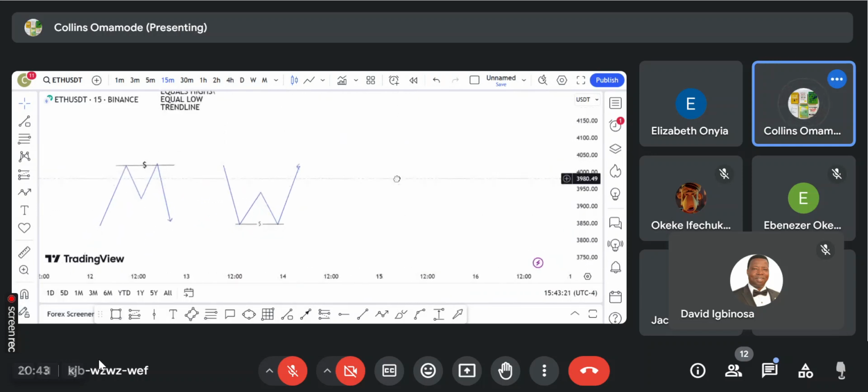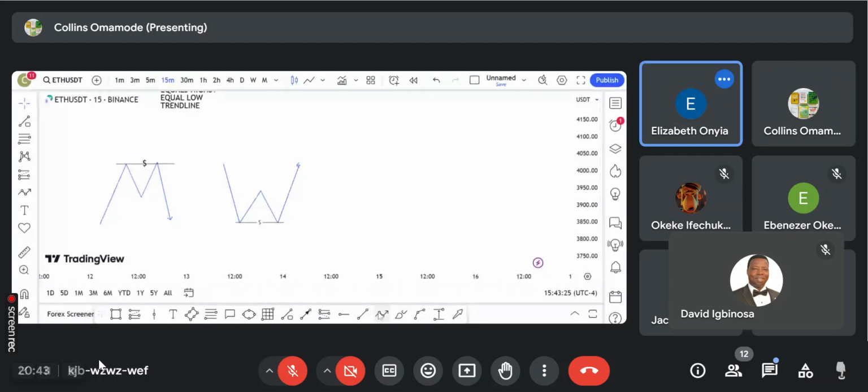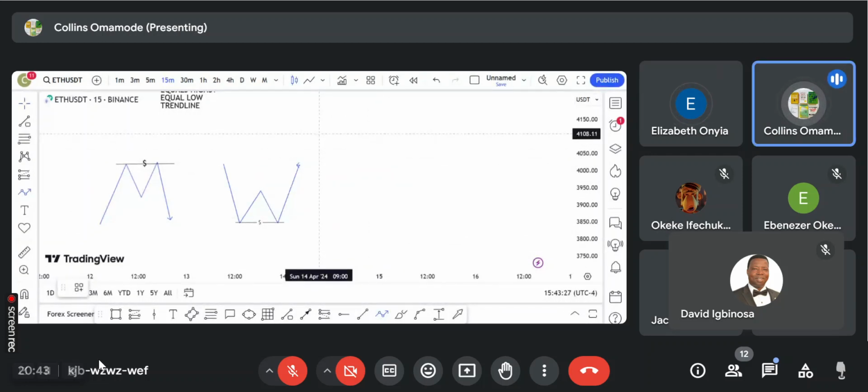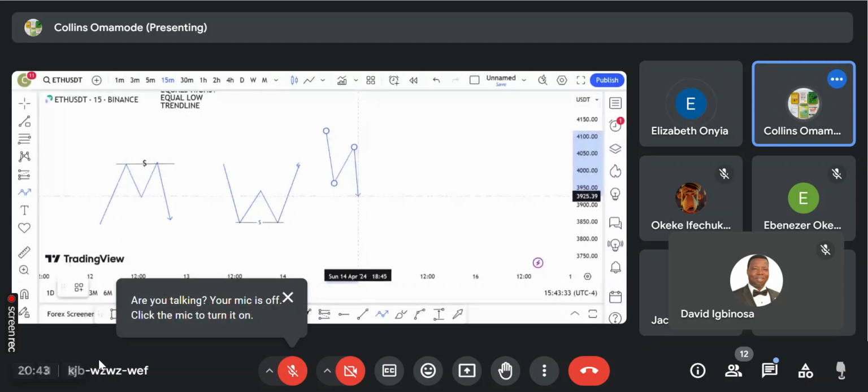Then the trend line. The trend line can be observed in two ways. For example, for the downtrends, when you see market just going down like this, respecting high, just going down and it's respecting high, it's causing what? Liquidity to the downside.